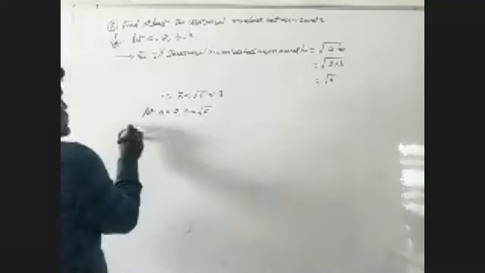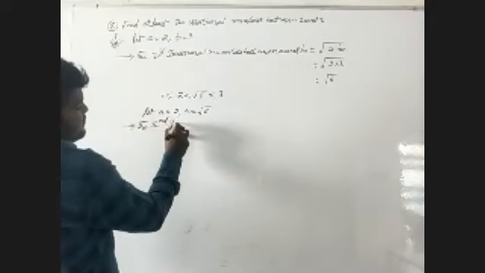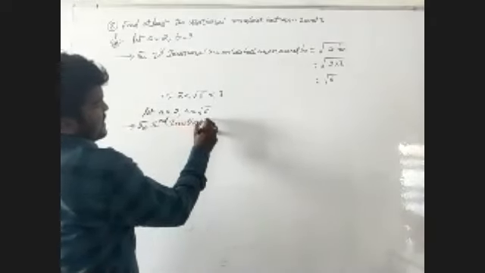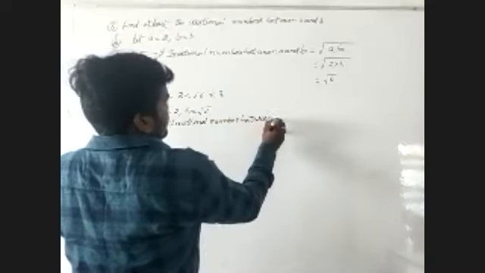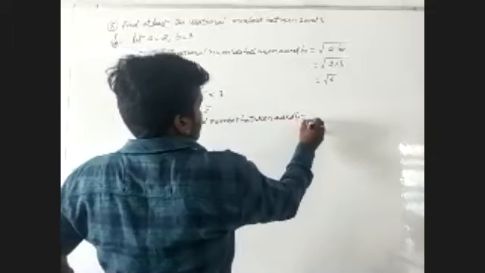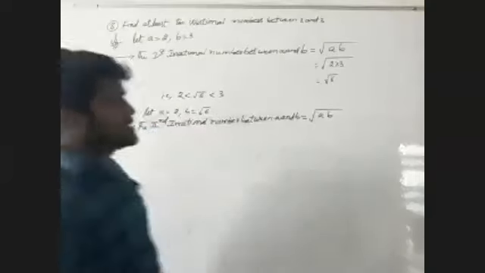These are the two numbers. And also find the second irrational number between A and B, which is root of AB, where A is equal to 2 and B is equal to root 6.